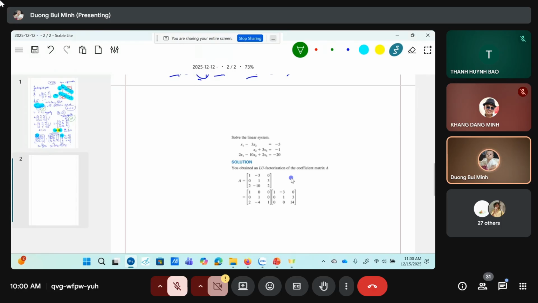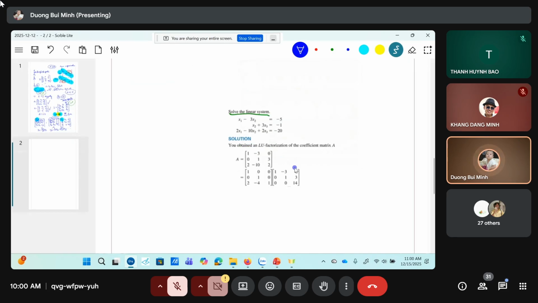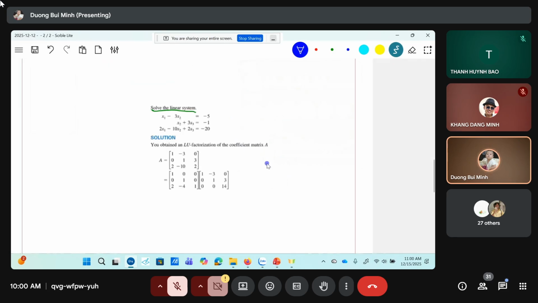Here, we would like to solve the linear system like this. Okay. Yeah. So how can we do? We need to modify this one, becomes AX equal B, right? So A is what? And X is what? And B is what?